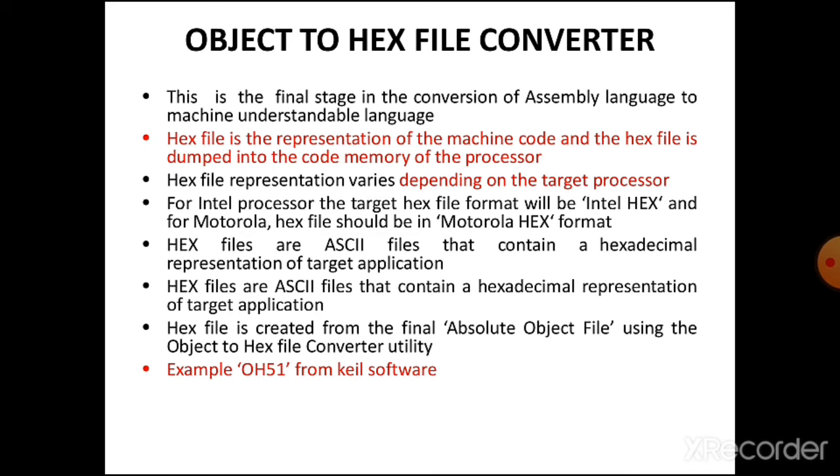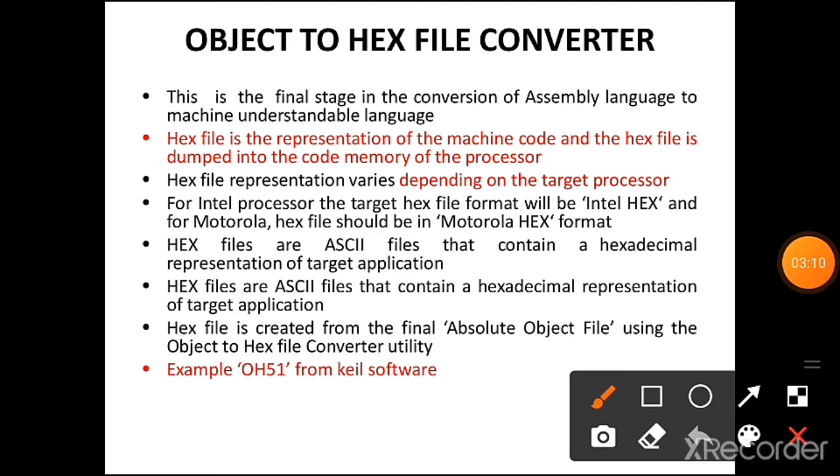The last step is the object to hex file converter. This is the final stage in the conversion of assembly language to machine understandable language. A hex file is the representation of the machine code, and the hex file is dumped into the code memory of the processor. The hex file representation varies depending on the target processor.